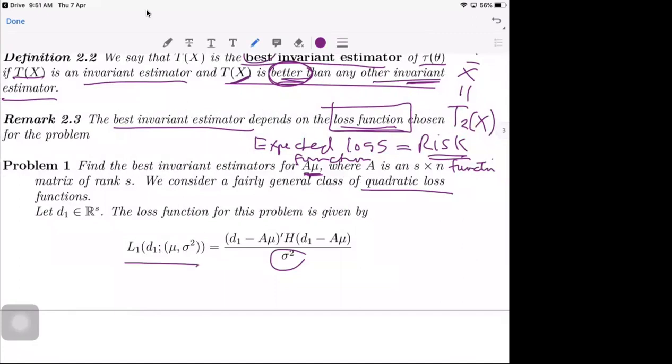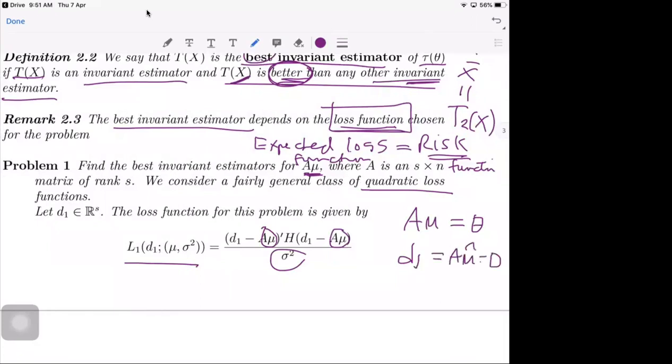So the loss function here is D1 minus A mu. So ang atong parameter, this is your theta, A mu. So this is your parameter. So mangita tag estimator na D1. So ang kandidato ani is si A mu hat, no?